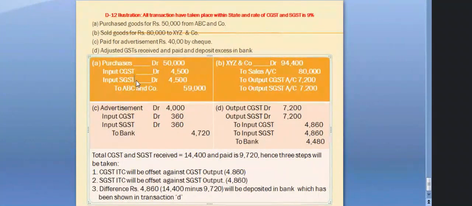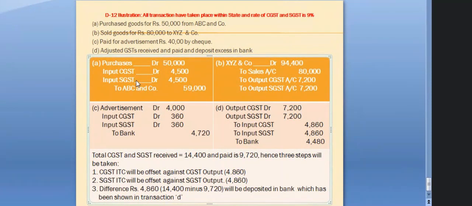Now take just a reverse example. Sold goods for 80,000 to XYZ. Suppose there is no GST. XYZ will be debited, sales will be credited. Sales will be credited because it is a revenue. XYZ will be debited because they are our debtors. Suppose there is no GST, then both the entries will be for 80,000.